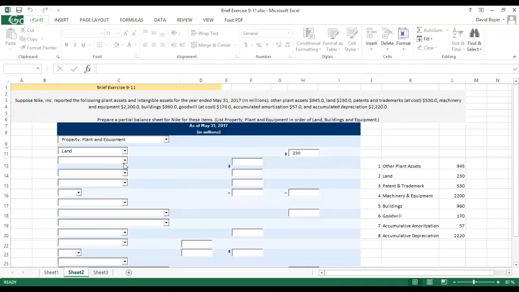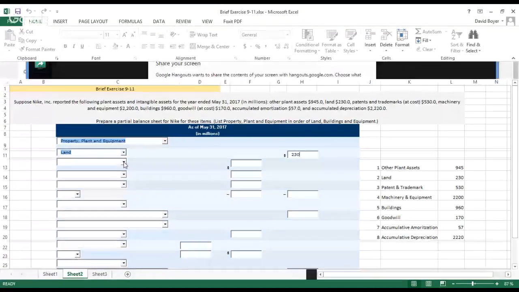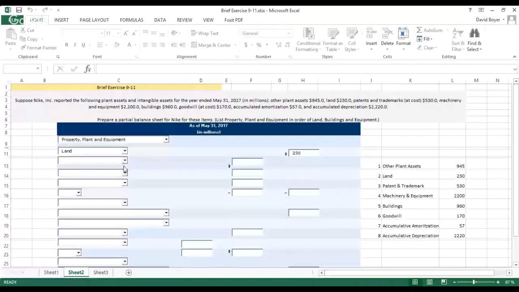Following that, we're going to begin listing our plant and equipment options available here. We're going to start off with buildings, as it mentions above, always keeping this in mind. Buildings we know depreciate, and our buildings are $960 million.